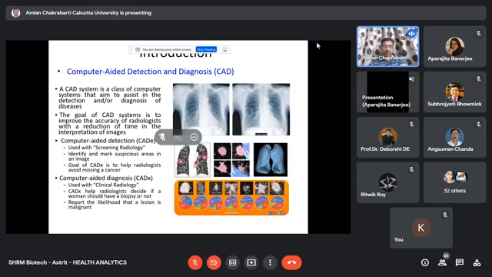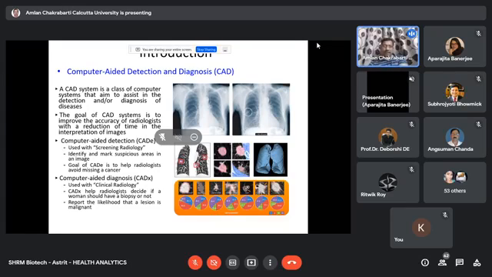But obviously, the radiologist and the medical expert assist this process, because the algorithms we try to develop here need to satisfy the requirements of the radiologist as well as the medical expert.